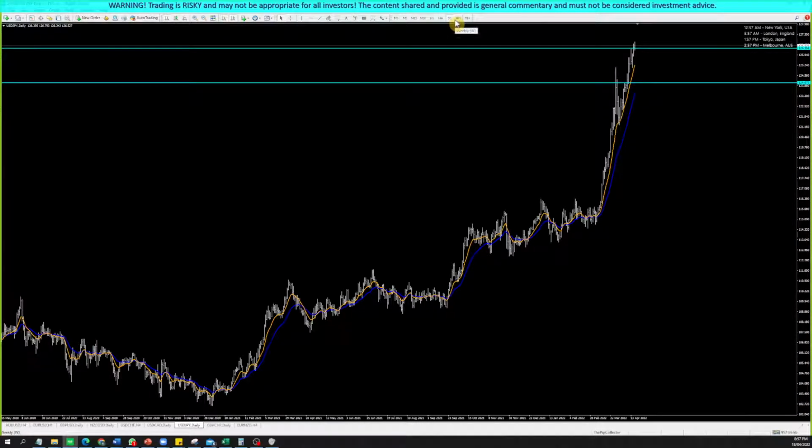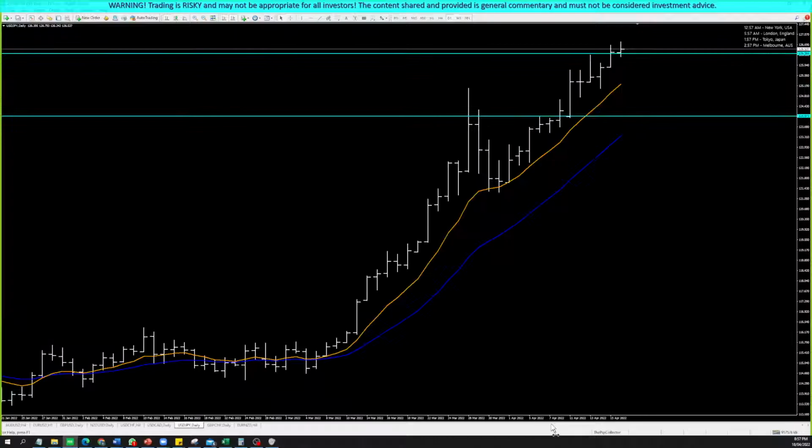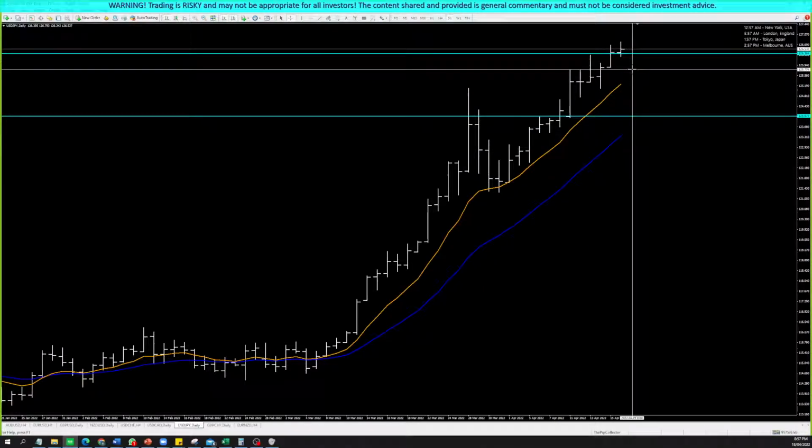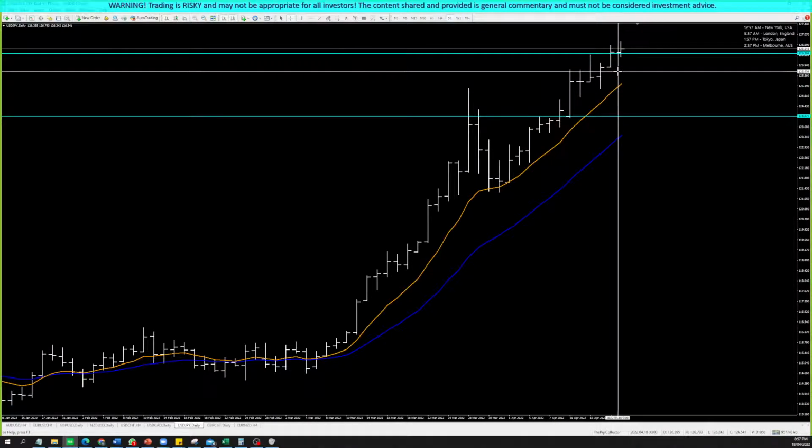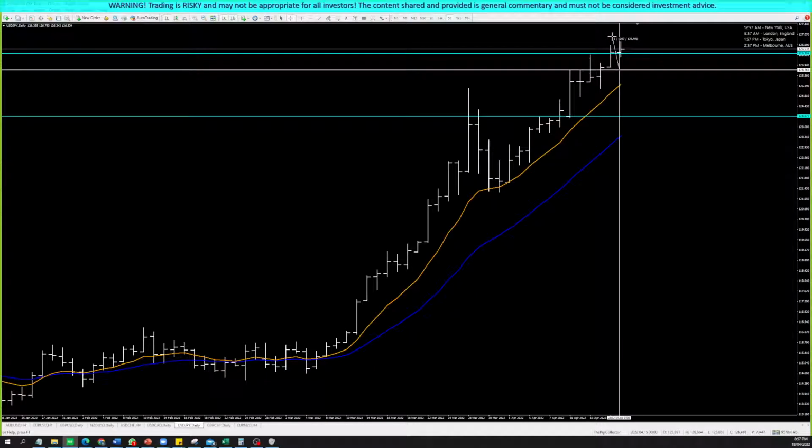Again, I was on monthly and weekly chart para mas ma-stretch pa natin yung view na yon. So on the daily, I'm okay with the sell again here. Let's try to do this again. Still looking for a sell.